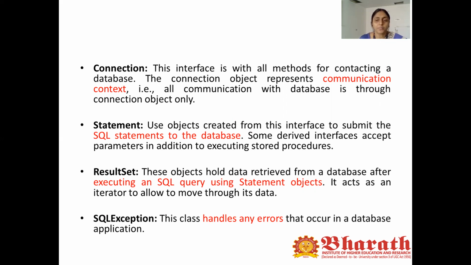It acts as an iterator that allows us to move through its data. So this result set is responsible for retrieving the output from the database after the query execution.